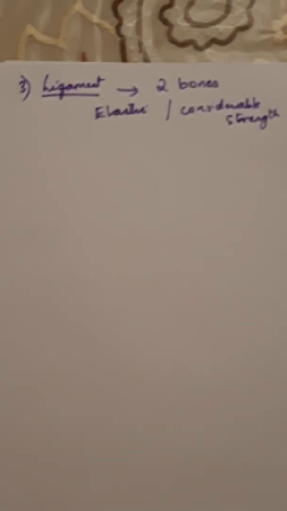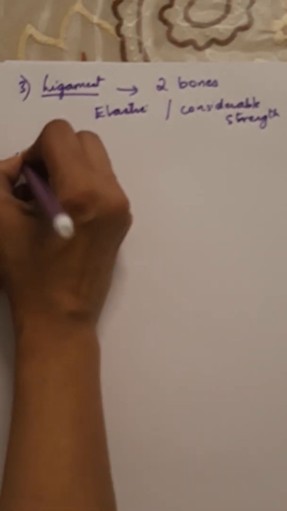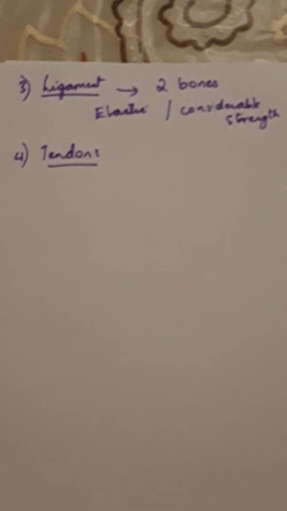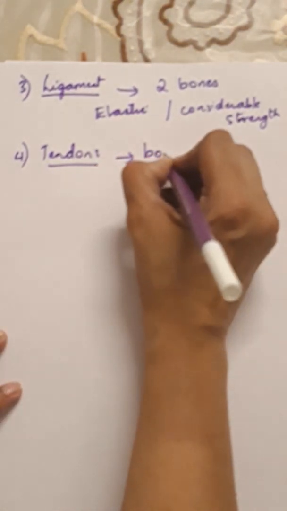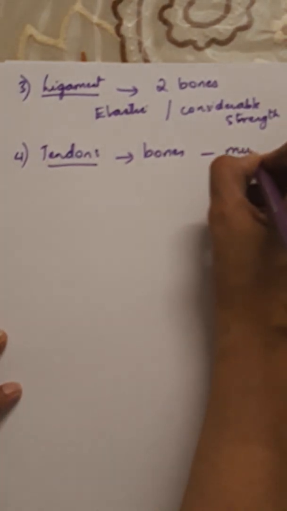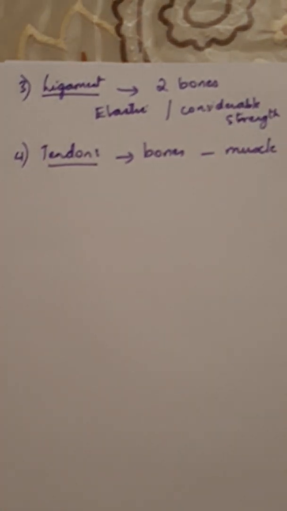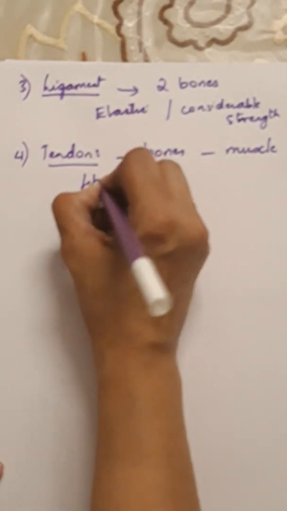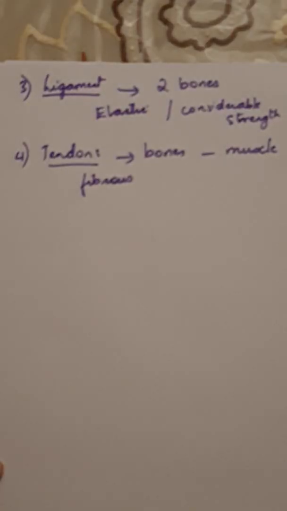We now come to the fourth connective tissue, and that is the tendons. Tendons are connective tissues that connect muscles to bones. So a bone is connected to a muscle with the help of a tendon. Tendon is a connective tissue which is fibrous.